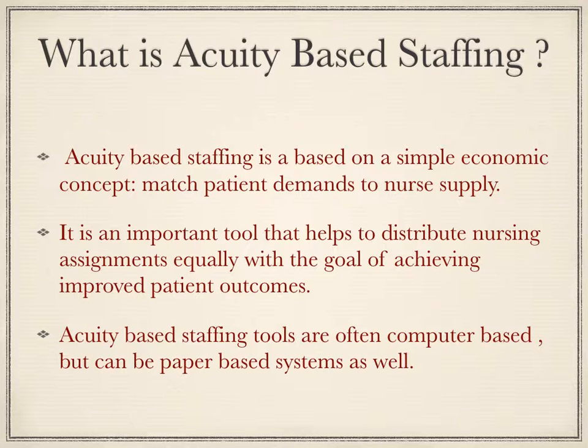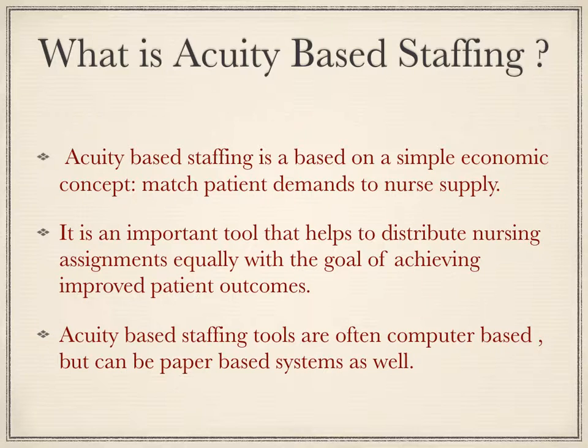Acuity-based staffing tools are often computer-based, but can be paper-based systems as well. Computer acuity staffing systems gather complex information from a patient electronic health record to determine how many hours each nurse is projected to spend with the patient each shift. Each nurse is then distributed patient assignments based on these projections.